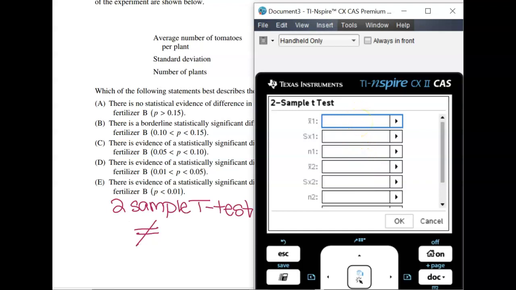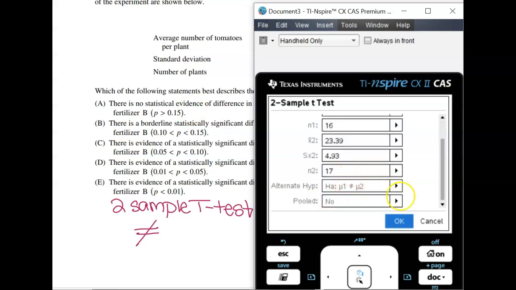I'm going to call fertilizer A my sample mean number one. That was 19.54 with a standard deviation of 3.68, and the sample size was 16. For fertilizer B, we're at 23.39, our standard deviation is 4.93, and our sample size is 17.